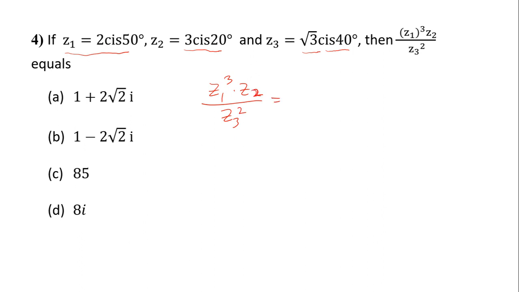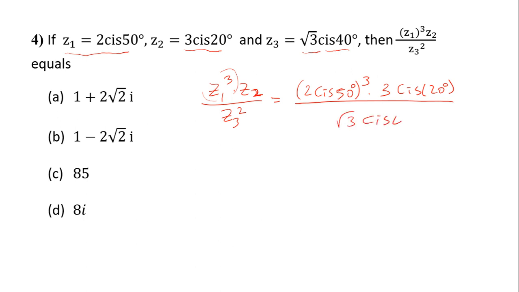The first property we can use is the Moivre theorem, which says 2 times CIS 50 degree cubed times 3 times CIS 20 divided by Z sub 3, CIS 40 squared. Okay, let's substitute all of them in the expression.